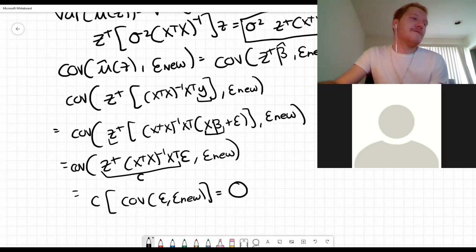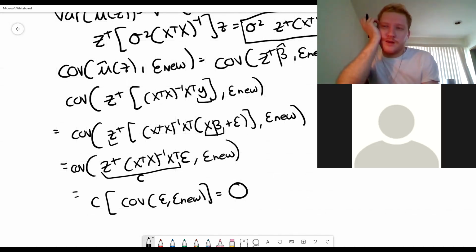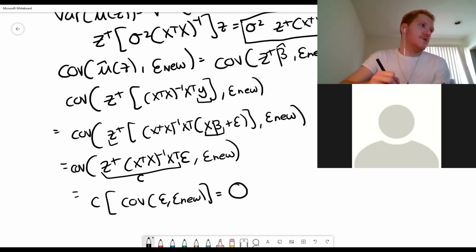Do you see how I got that? I think there should also be a C on the second last row, because you seem to cancel the z transpose and multiply x beta.